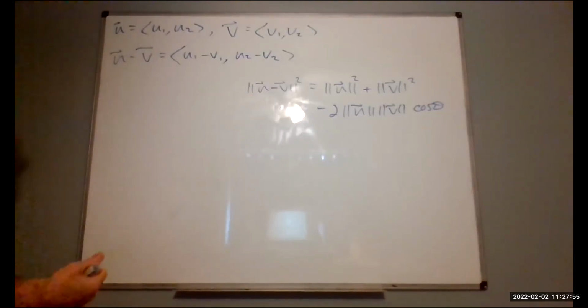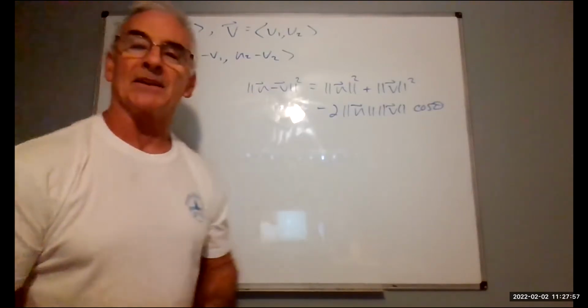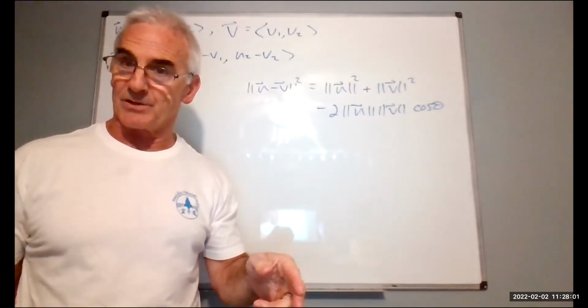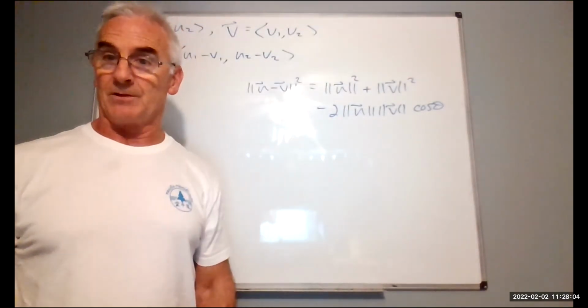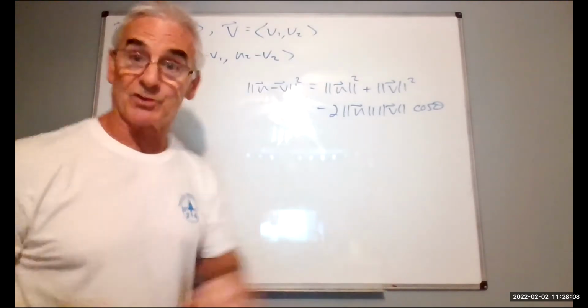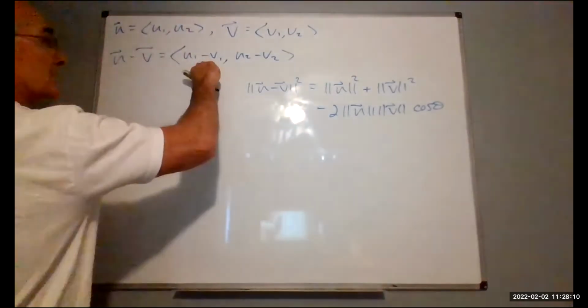So what is the square of the magnitude? Well, remember, the magnitude is the sum of the squares of the components under a square root. So the square of the magnitude would just be the sum of the squares, right? There's no square root.